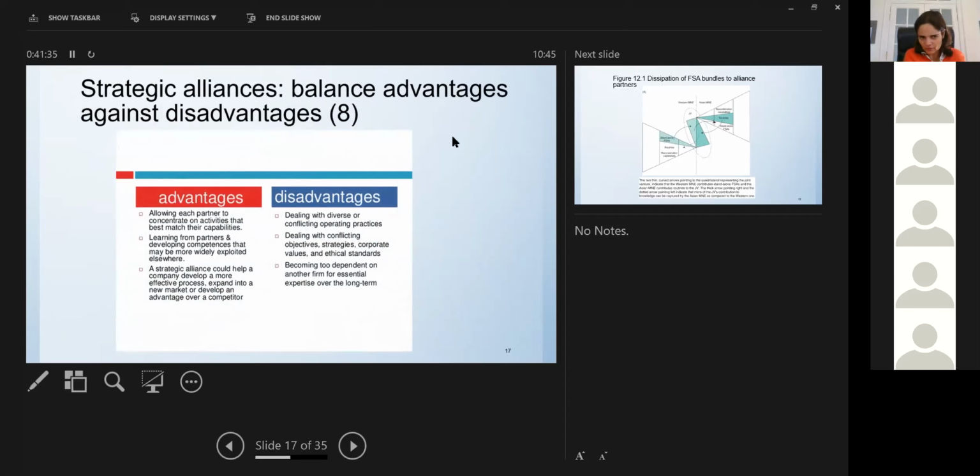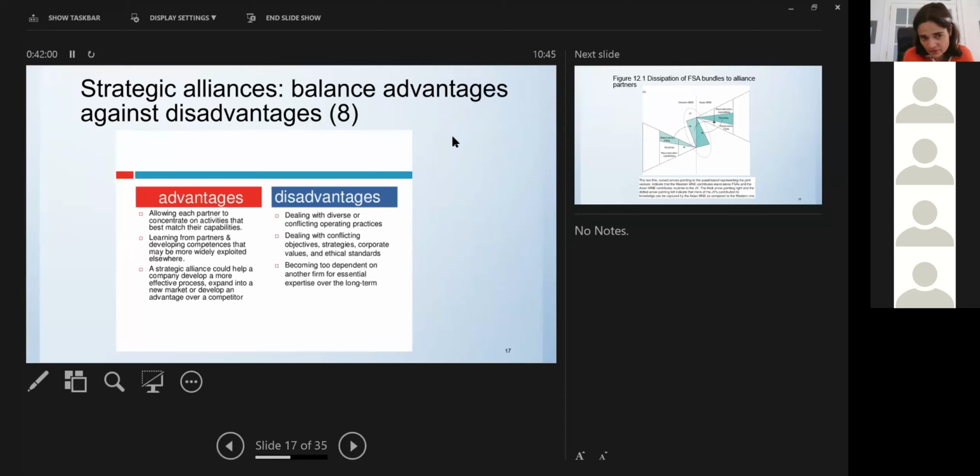On the credit side of strategic alliances is that you allow each partner to concentrate on activities that best match their capabilities. And so the one brings in tacit knowledge, the other more implicit knowledge. You learn from your partners, but the idea is to build up FSAs, to build up competences.